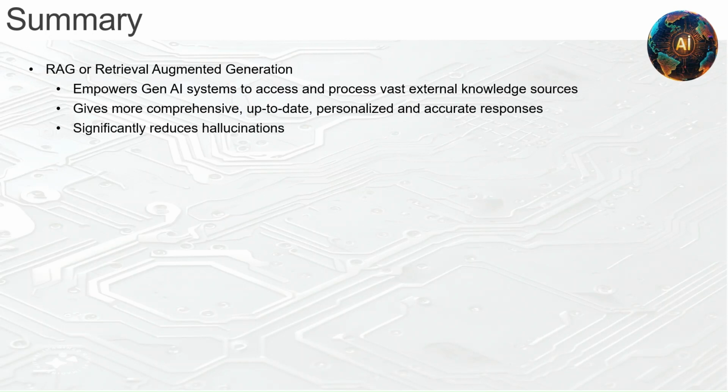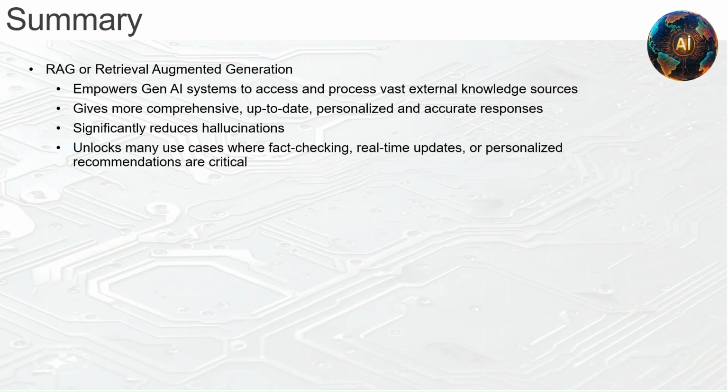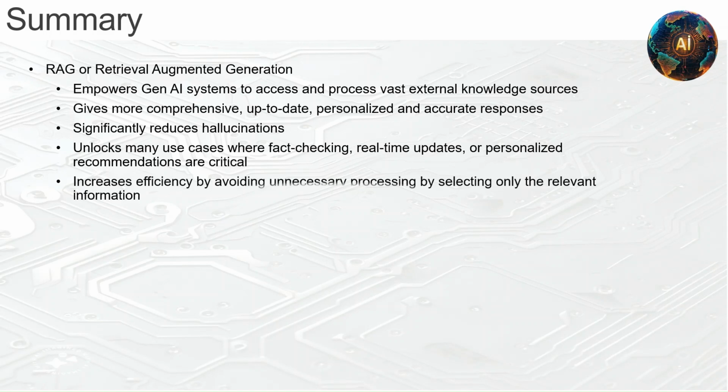RAG significantly reduces hallucinations of GenAI systems and unlocks many use cases where fact checking, real time updates, or personalized recommendations are critical. Finally, RAG increases efficiency by avoiding unnecessary processing, selecting only the relevant information passed to the prompt.